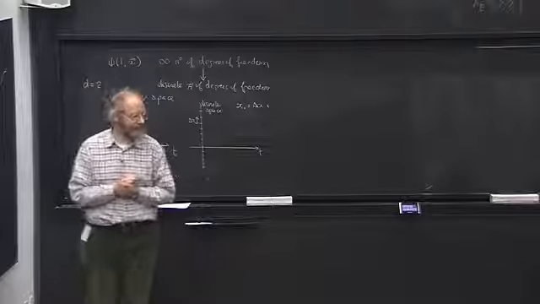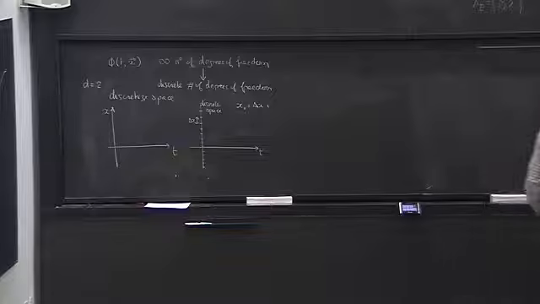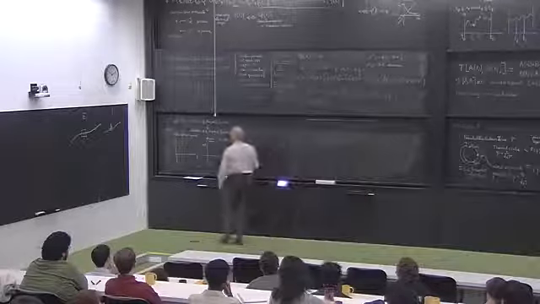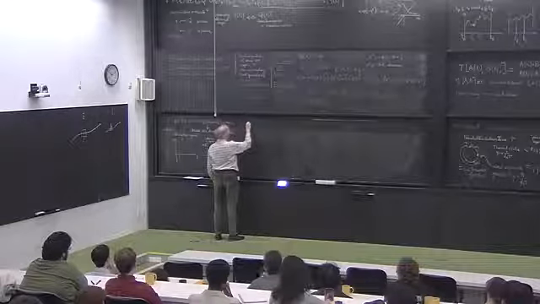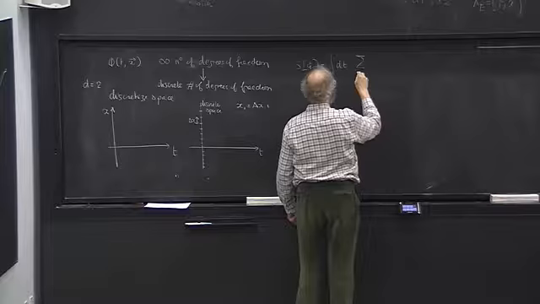Then replace this action simply by S of phi equal, of course, integral over dt, then sum over i.